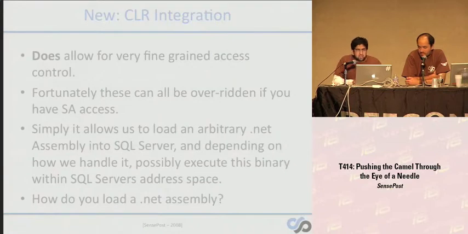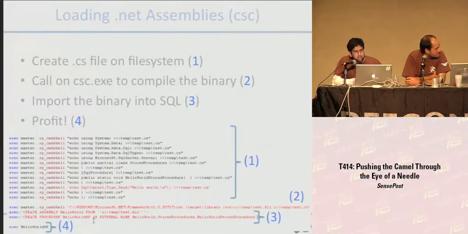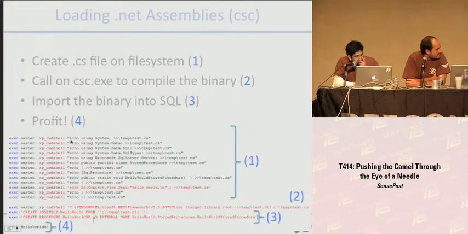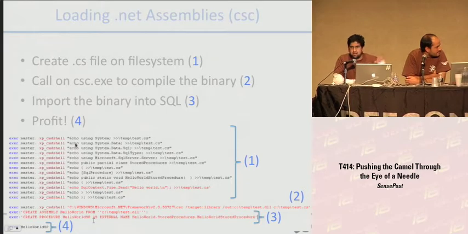CLR integration does allow you to give assemblies really fine-grained control, but you can override this fairly easily. So the question is, remotely, how do I load a .NET assembly? The first thing we came up with was, let's remotely create a C# file on the file system. And so what you'll see is we use xp_cmdshell, create file, create file, create file. It's really painstaking.